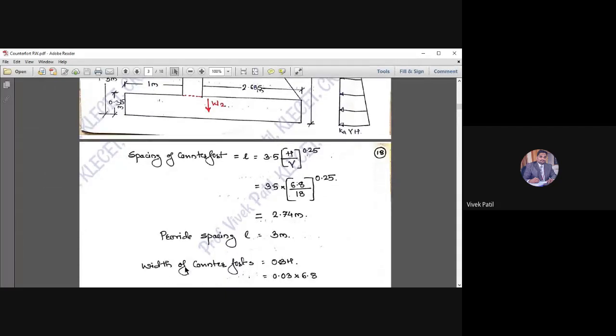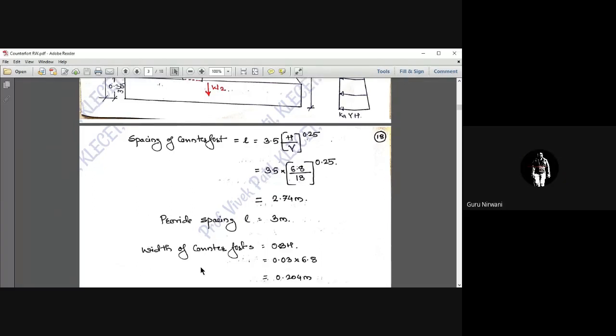Then the width of the counterfort, that is the thickness of the counterfort, is given by 0.03 h, that is 0.03 into 6.8. Let's check what this value is. 0.204 meters.